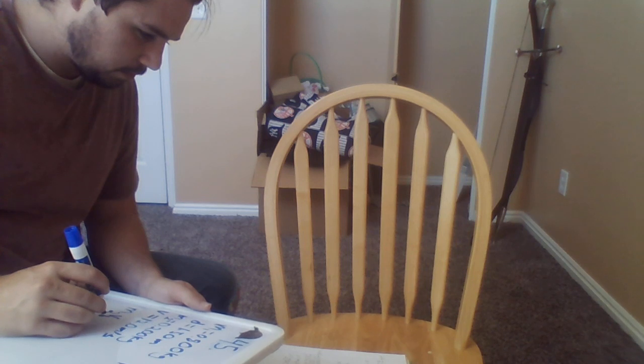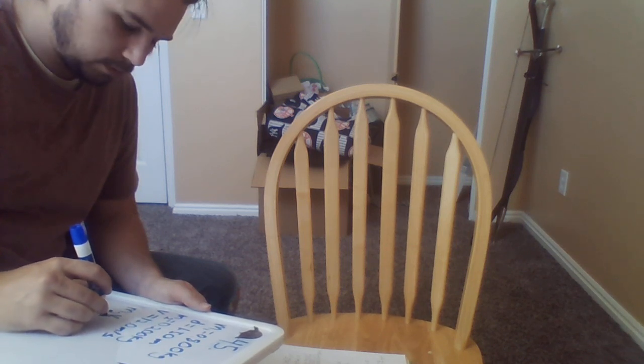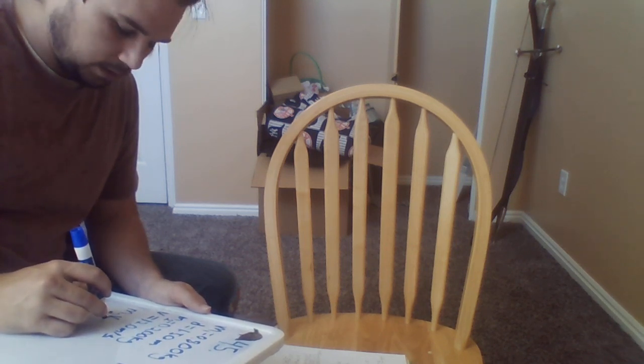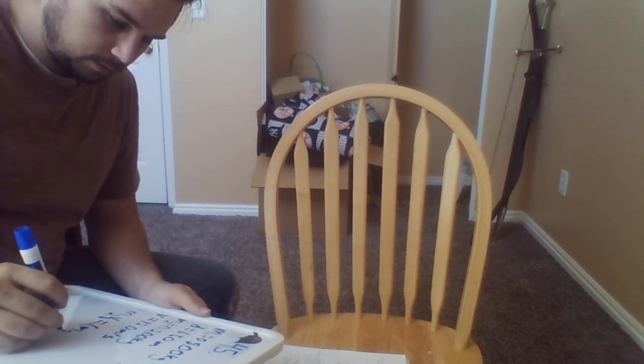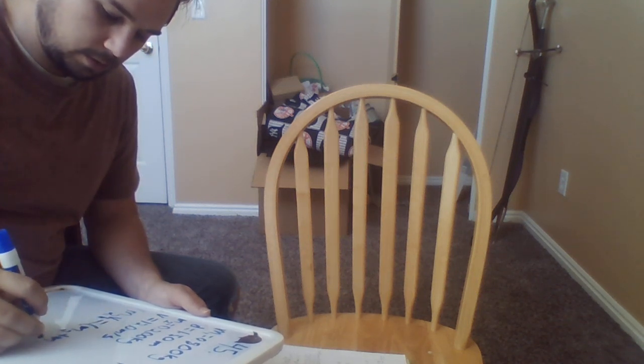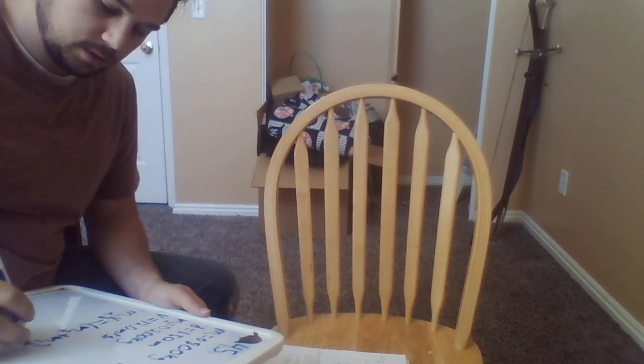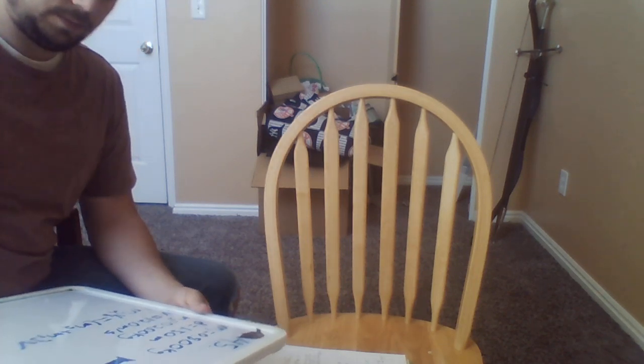So the mass of the missile times the velocity of the missile is equal to the mass of the missile plus the mass of the ornament times v.